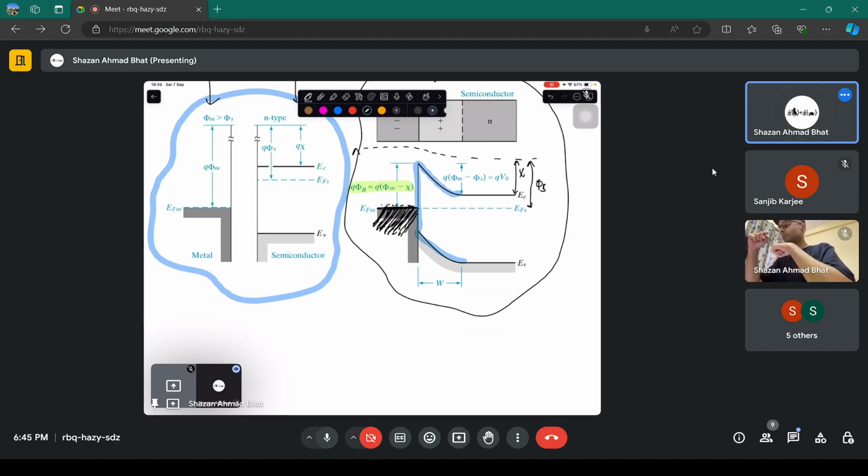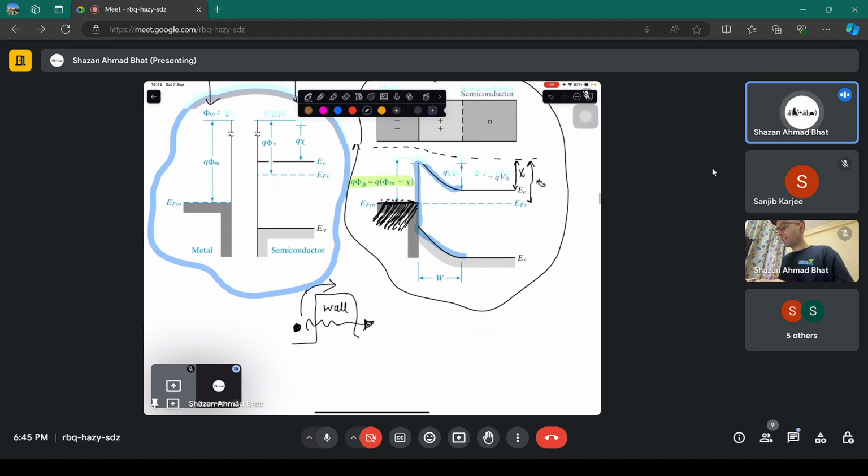This is just like you have an electron, and there is a barrier for the electron. There's a wall. There are only two chances for the electron to go to the other side of the wall. Either it can go above the wall or it can tunnel. That's what actually happens in these devices.